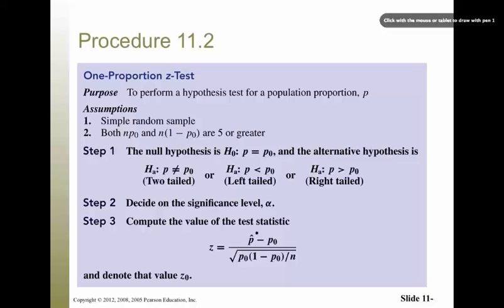It's the difference between our sample proportion and our null hypothesized proportion over the standard deviation based on the null hypothesis. So this is important. This is going to be our proportion from the sample, and its distance away from our null hypothesis value, and then the standard deviation is going to be based on what? It's going to be based on the null. So that's key.